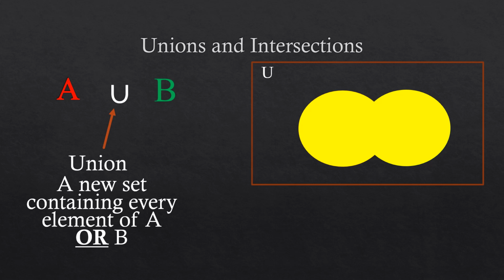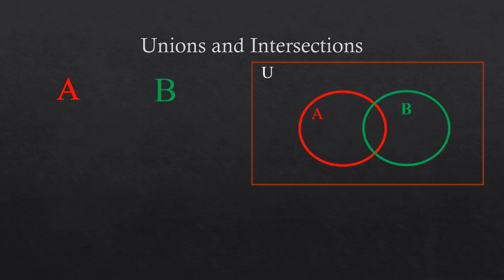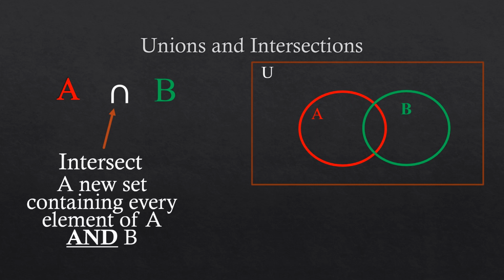Now, the next operation is going to be an intersection. An intersection looks like an upside down U. All right, an upside down U is called an intersect. And this is a new set containing every element of A and B. So rather than or, we have to have and. It has to live in A and in B at the same time. Now, over here in my diagram, if it lives in A and it lives in B, it's going to live in this inside section.